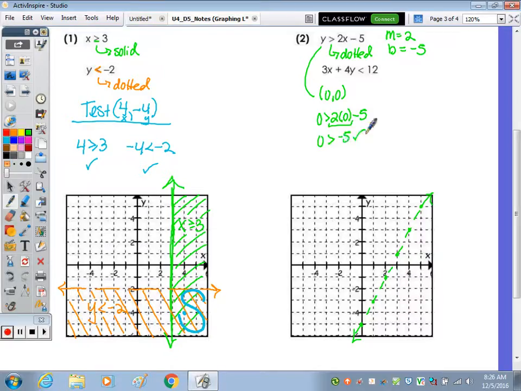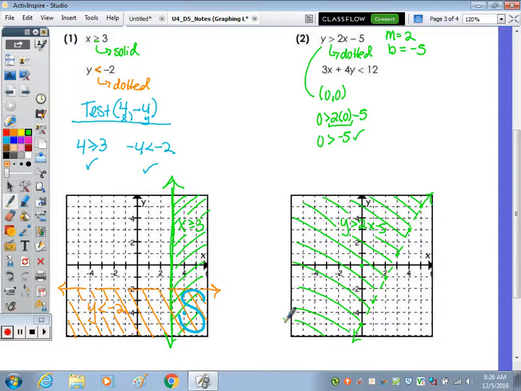That works. So greater than, when it's slanted in this direction, is over here. So this worked out to be true, so that's where you want to shade. I'm going to label that area y greater than 2x minus 5 and continue to draw my lines.